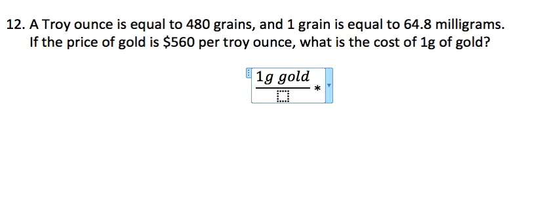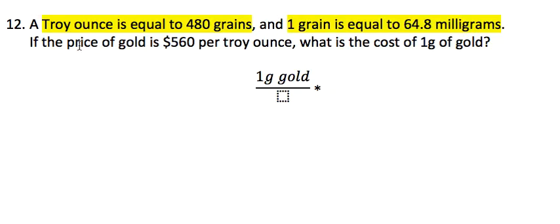All right, so I then have to look through my problem, and I'm looking for any kind of conversion factor, something that the problem has set equal to each other. So I see right here, 1 troy ounce is equal to 480 grains. There's 1. 1 grain is equal to 64.8 milligrams.